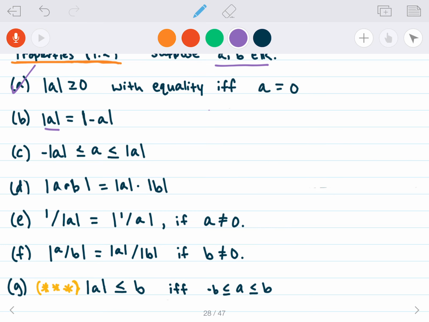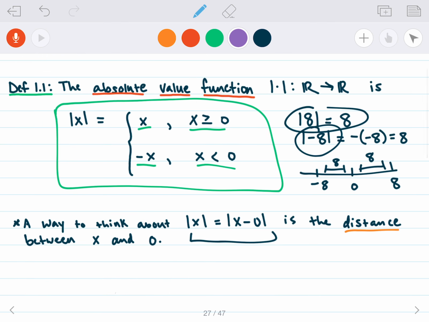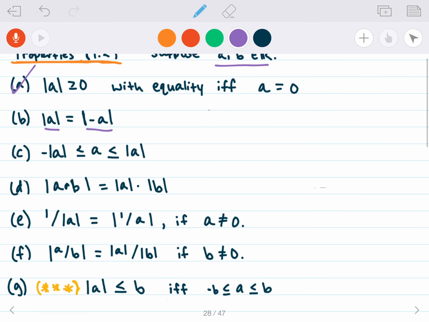The distance from a number to 0 is the same thing as the distance of negative that number to 0. We saw that in the previous example here.